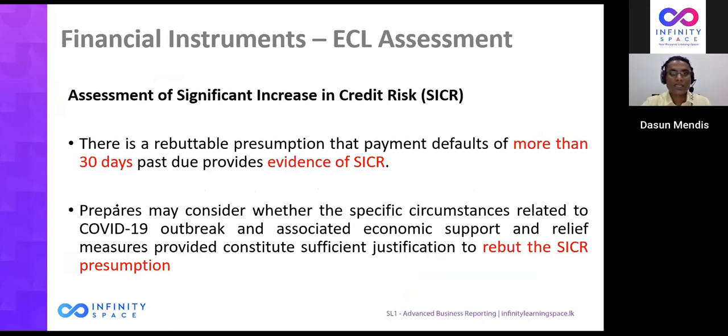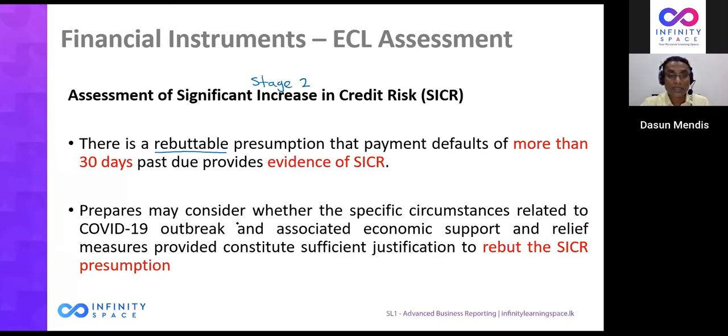Now read this carefully. Assessment of significant increase in credit risk, that means stage 2. There is a rebuttable, challengeable presumption that payment default for more than 30 days past due provides evidence for a significant increase in credit risk.